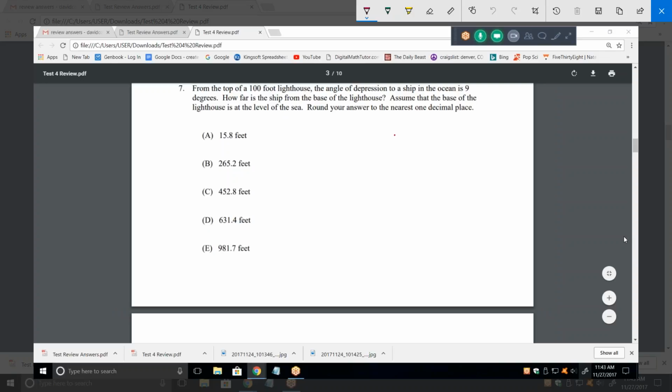All right, we'll draw us a lighthouse here. From the top of a 100-foot lighthouse. That's 100 foot right there. The angle of depression to a ship in the ocean is 9 degrees. So here's our ship in the ocean.